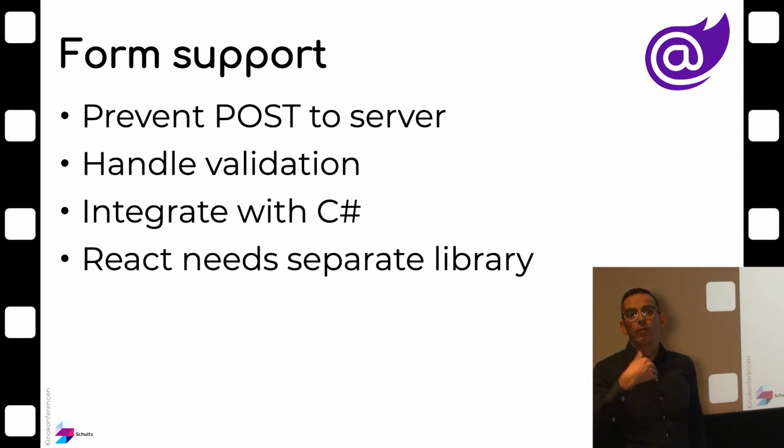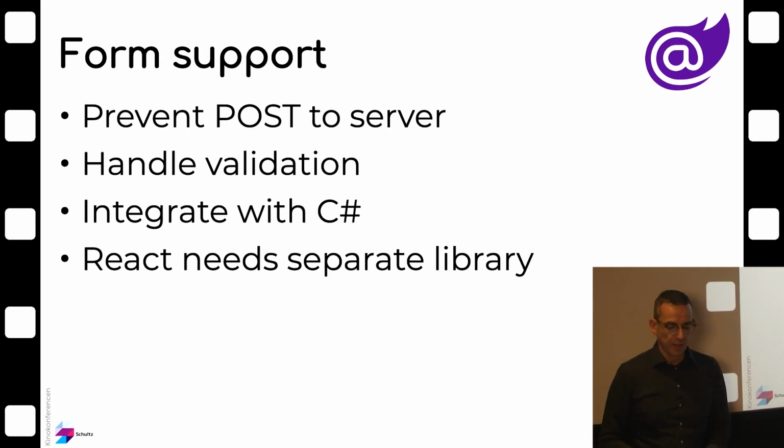The form wrapper they have automatically prevents the form from sending the data straight to the server. And the standard web functionality is, if you have a form and you submit the form, the data is sent back to the server. And your page will be unloaded because the browser gets new data. That's prevented already for you. You don't have to do that.